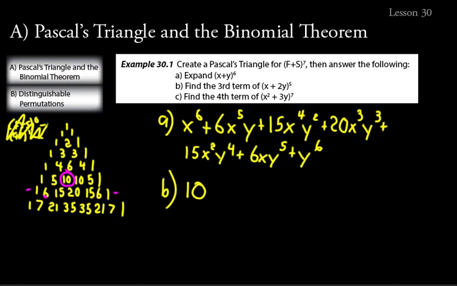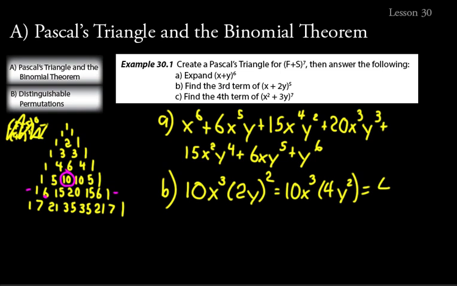Then we go down, x to the 4th for the second, x to the 3rd for that third term, and then it would be parentheses, this is very important here, parentheses 2y to the second power. So we need to do 2y times 2y, that'd be 4y squared. So we get 10x cubed times 4y squared is equal to 40x cubed y squared, like that. And so that would be that third term.